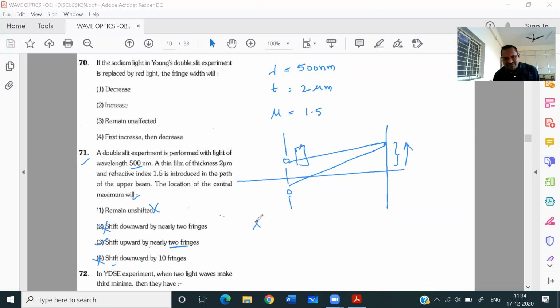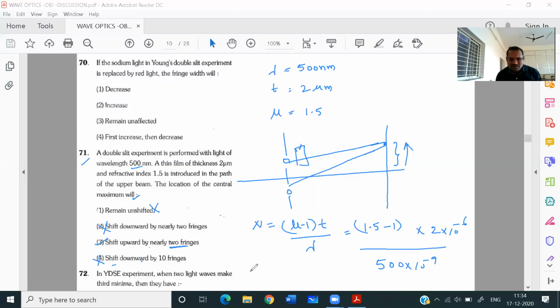See, number of fringes shifted will be equal to (mu minus 1) into t by lambda. Mu value is given as 1.5, minus 1, into thickness 2 micrometer, 10 to the power of minus 6, upon lambda, 500 nanometers, 10 to the power of minus 9.